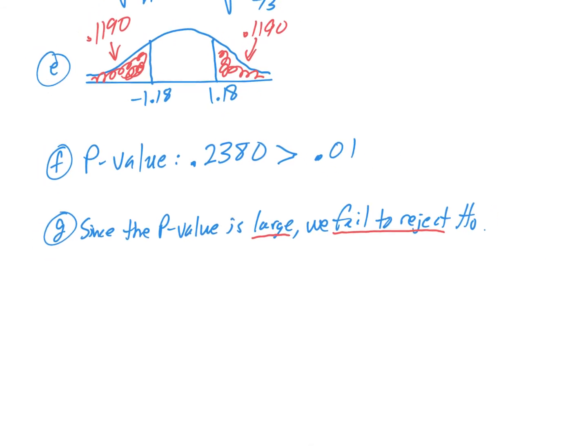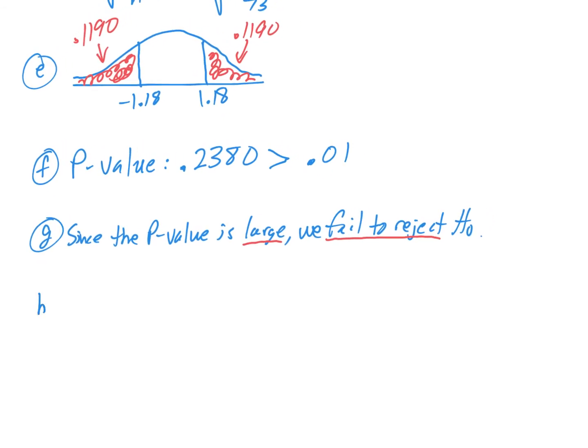And lastly, question H, we're going to write the conclusion according to the problem. So if you have the word large and you have the words fail to reject, what words am I going to start with? There is not enough evidence.